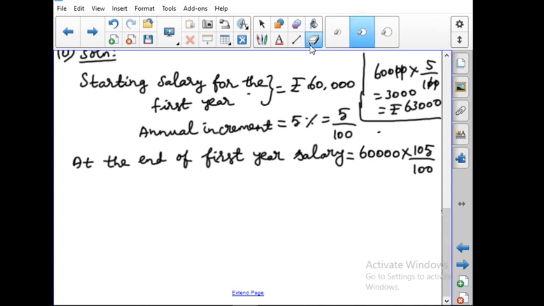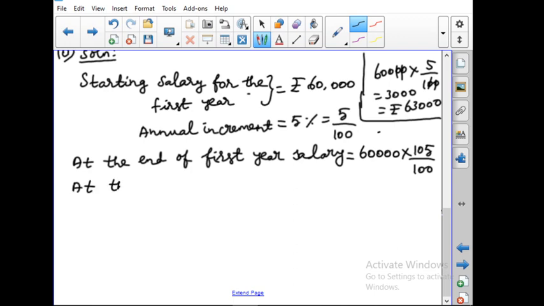Listen for a second. If they give an annual increment, you have to add it to the salary. So 5% means 100 plus 5 is 105 by 100, multiplied by the salary. This is the end of the first year salary. Next, the same thing.